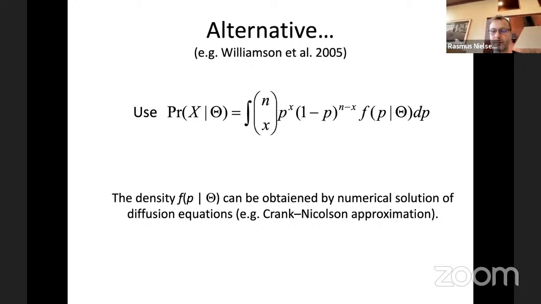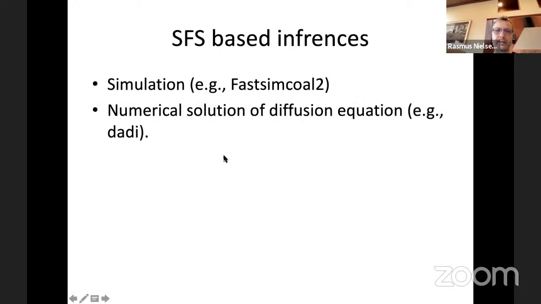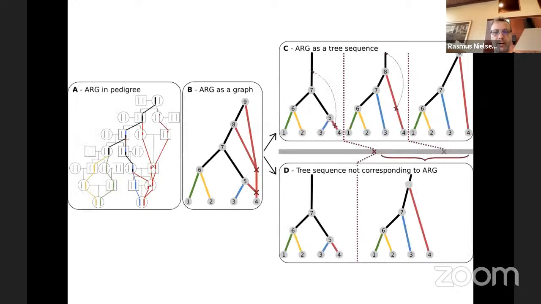It's also slow and also difficult, but it works and can be done, and that's the alternative. So the alternative to the simulation approach is this numerical solution of diffusion equations, and that's what you have in the program DADI, for example. That's the most commonly used program for doing this, using the numerical solution of these partial differential equations.